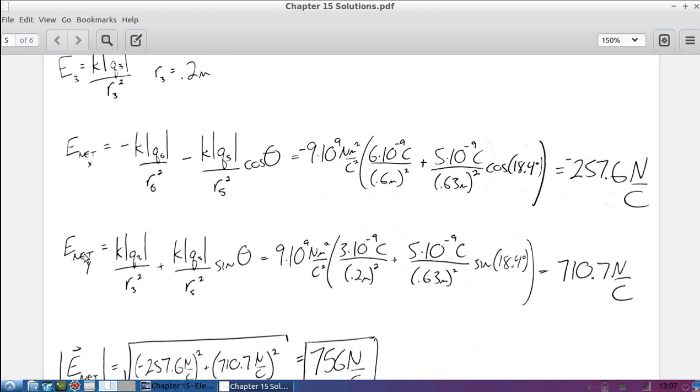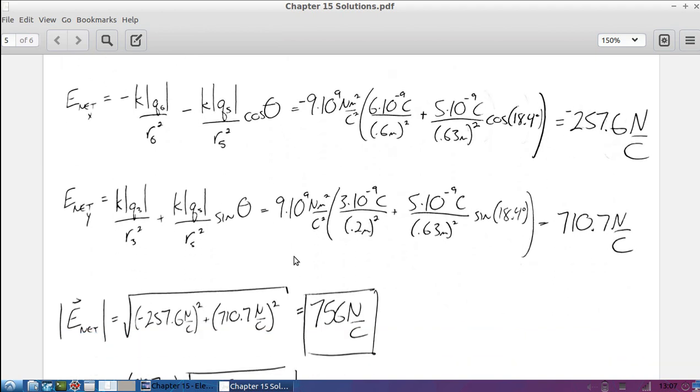So E net in the y direction is E3 plus E5 sine theta. So again, I'm just adding up those two E field vectors in the y direction. I've got k, I've got q3 divided by 0.2 meters squared, the distance between the 3 nanocoulomb charge in the top left corner, plus q5 over that distance again, the 0.63 meters, times the sine of 18.4, because it's the y component of E5.